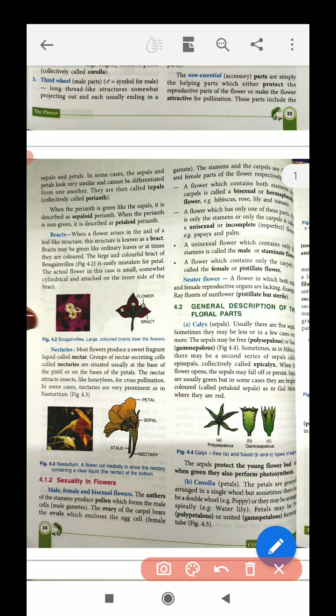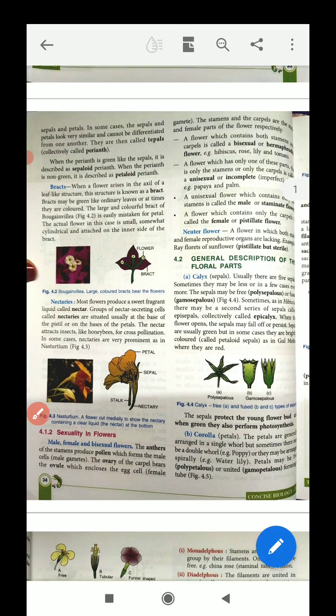Now come to the corolla, meaning petals. They are generally arranged in a single whorl, but sometimes there are double whorls. Here they may also be free or united. The same naming applies: in the case of polysepalous, here it will be polypetalous, and as gamosepalous, here it is gamopetalous.